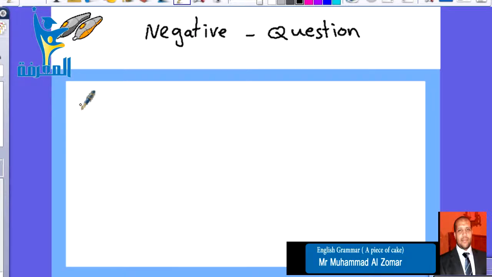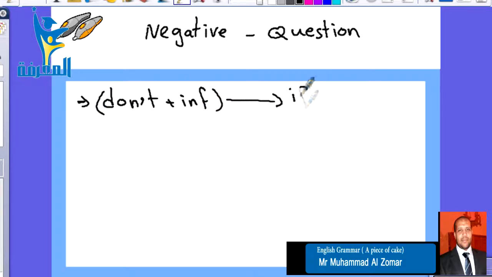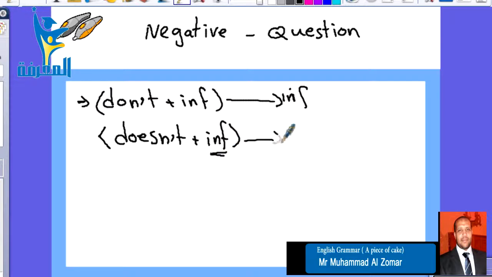If we are going to make a negative sentence in the present simple tense, we shall use either don't plus infinitive, if the verb is infinitive, or doesn't plus infinitive, be careful, infinitive, if the verb has S at the end of it.